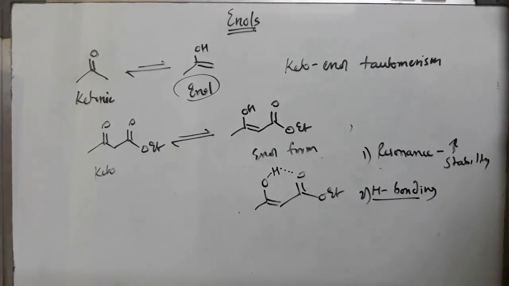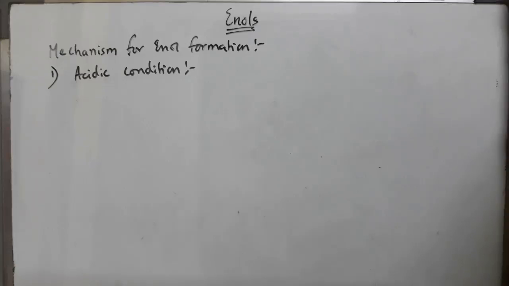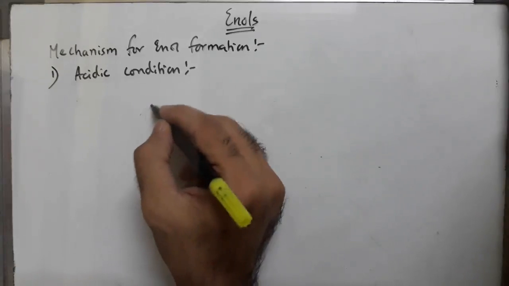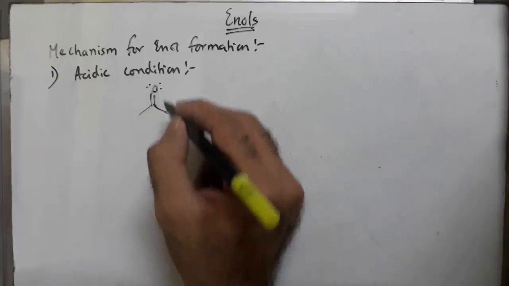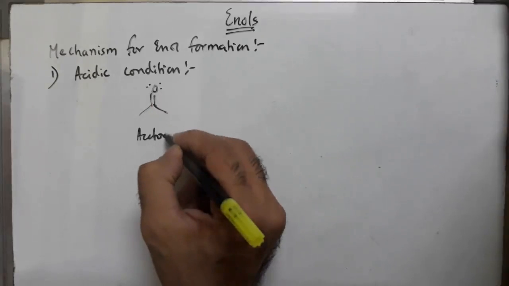Enolic form will be more if we put any acid, for example. Let us see the mechanism of the enol formation in acidic condition. Suppose for example we have this ketone, this ketonic group. Again I am taking the example of acetone.